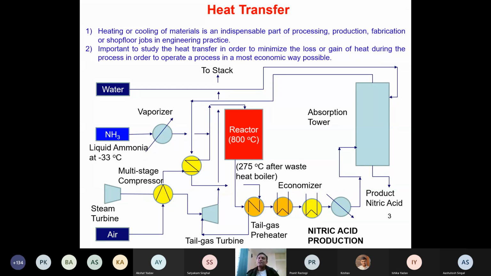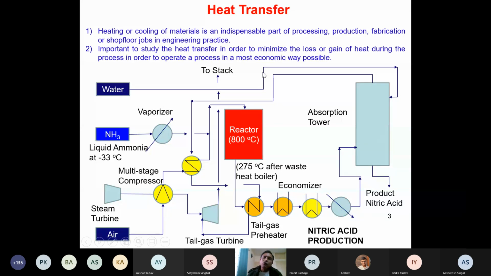So the heat loss or heat gain in the process has a direct implication on how much energy is required. Okay, so let's take a simple example to understand the importance of heat transfer. This particular flow sheet is nothing but the catalytic air oxidation of ammonia to produce nitric acid.